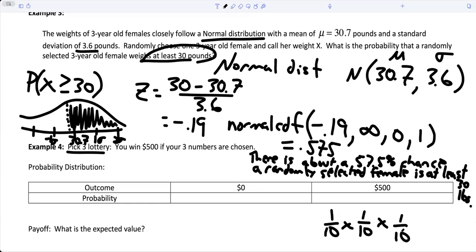So the probability that I pick 3 random digits would be 1/10 times 1/10 times 1/10, or 1 out of 1,000, or 0.001. Well, that's the probability that I win. What's the probability that I lose? It would be the complement of that, right? So this would be 999 out of 1,000.